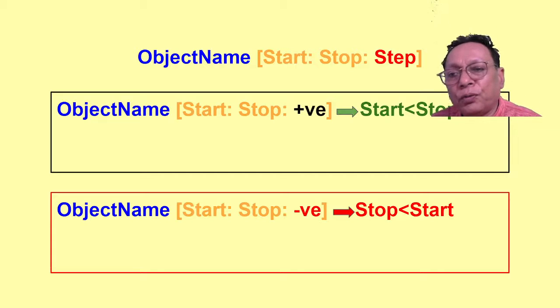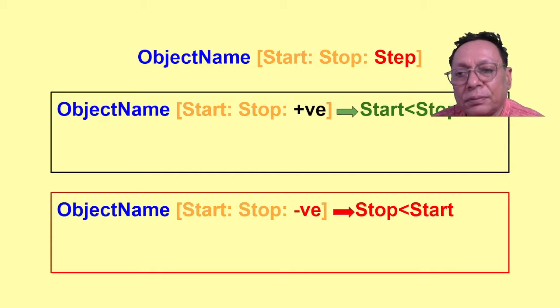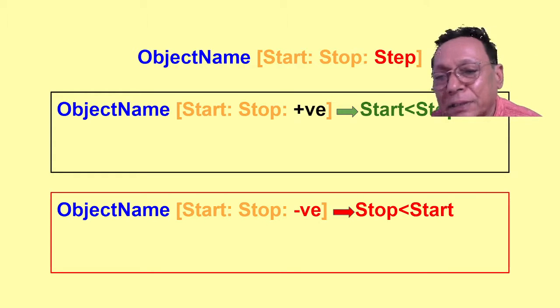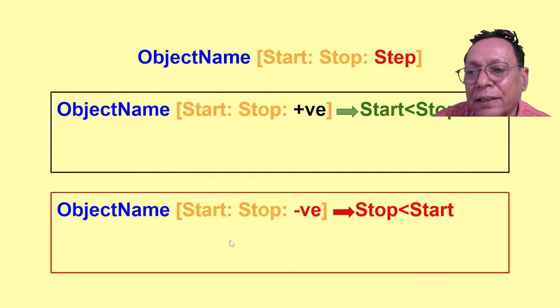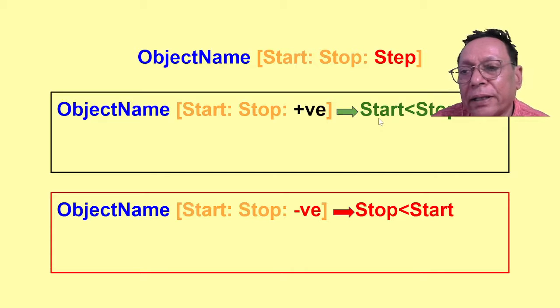When the step is positive, the start index is less than the stop. In the second case, when the step is negative, it means stop is less than start.